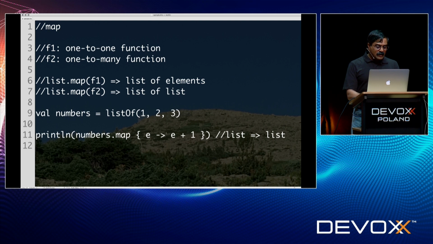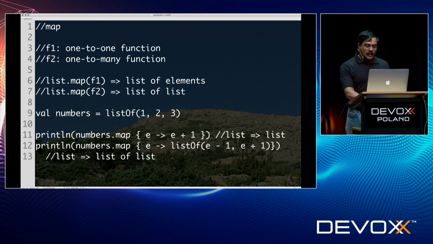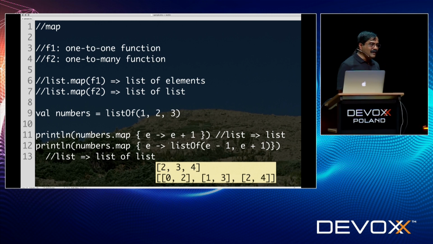On the other hand, if I say numbers.map, but given an element, return to me a list of element minus 1, comma, element plus 1. So I'm going to give you a list of before and after. This becomes a list of lists, doesn't it? When I run this code, you will notice from the output that what I got as a result is a list of lists.